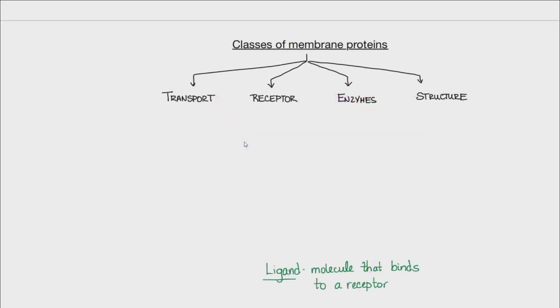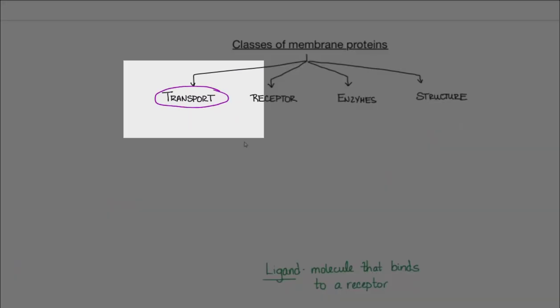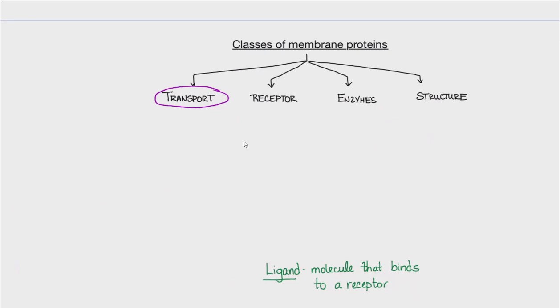Since we're focused on molecular transport, we are going to take a closer look at these. Membrane proteins that are involved in transport usually come in 2 different varieties: channel proteins and carrier proteins. You were introduced to both of these in Chapter 11.